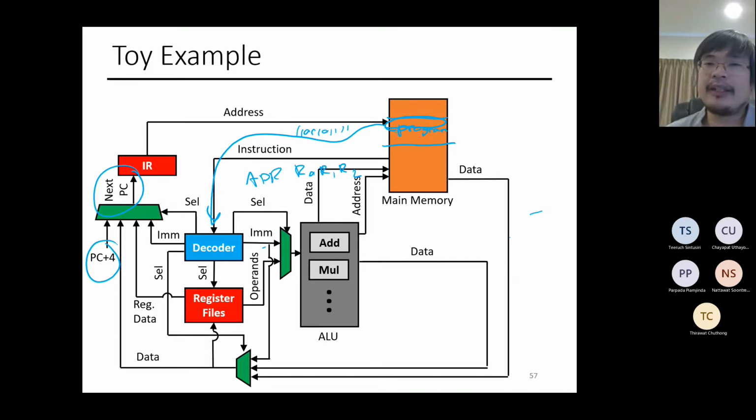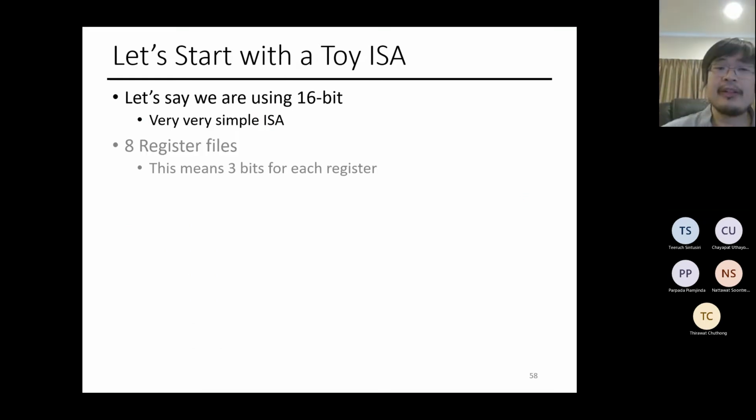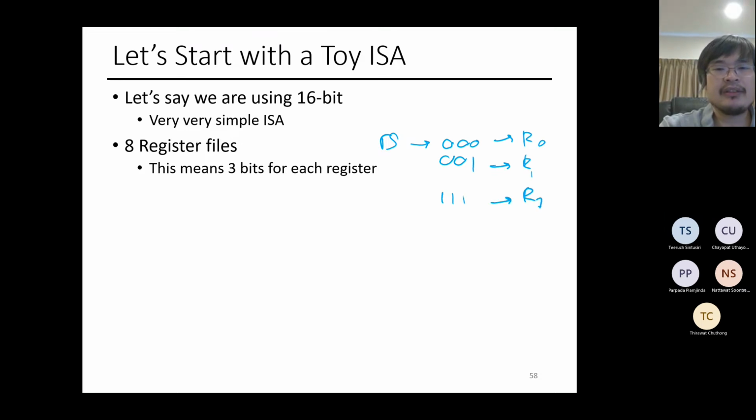But before we go there, let's start with our toy ISA. Let's say we are using a 16-bit processor, really, really simple ISA with 8 registers, right? It means that if the RS, like the source bits, is 000, this is R0, 001, this is R1, 111 is R7, right?